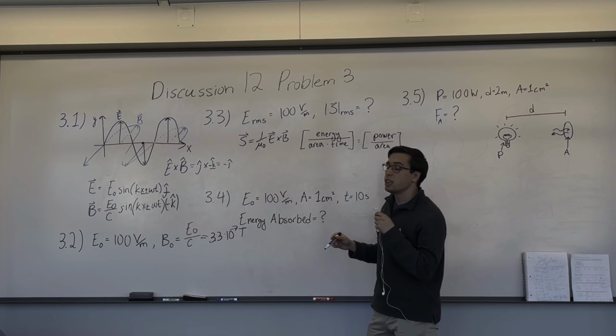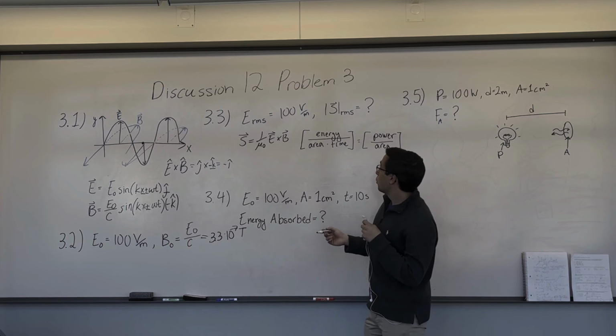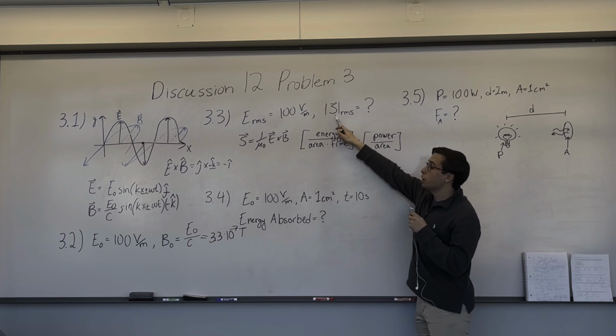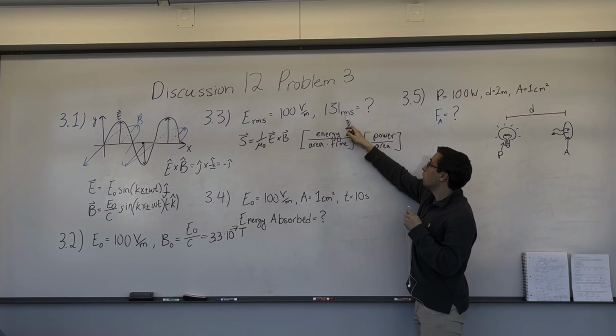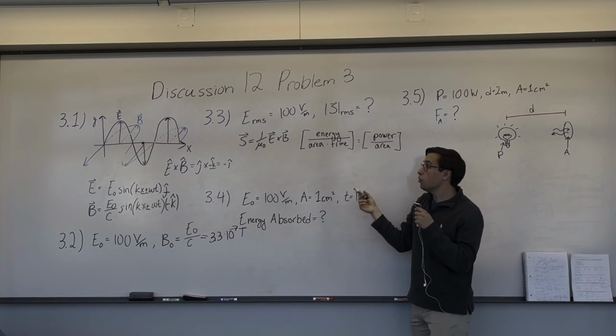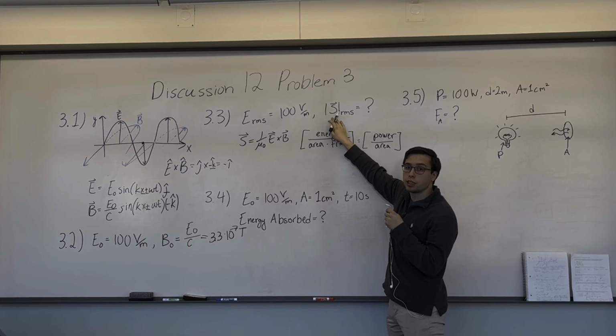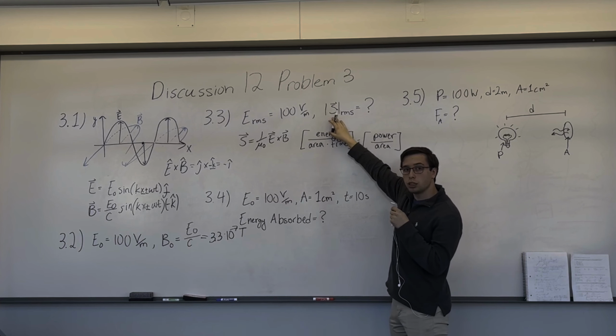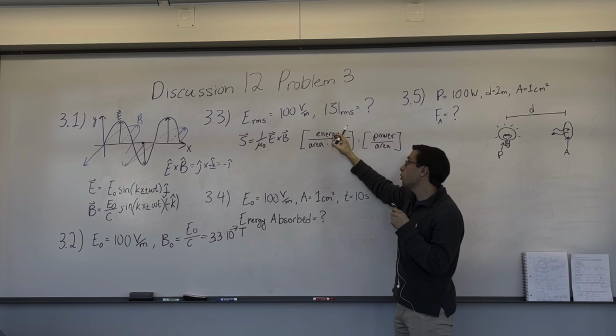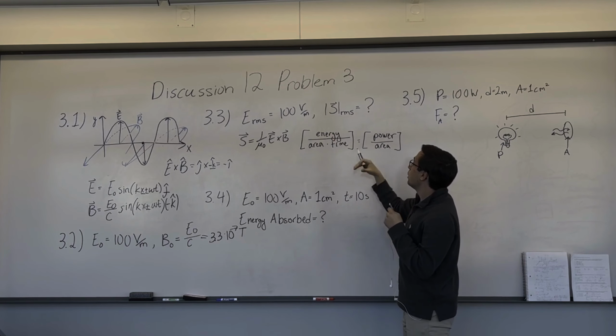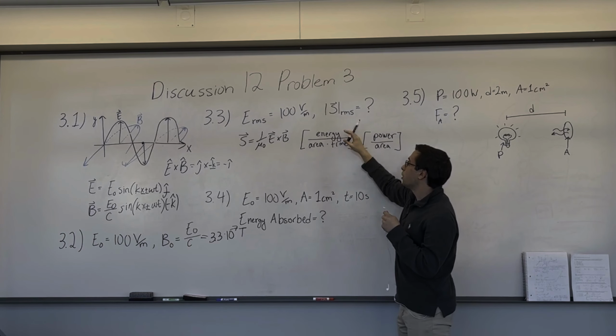We're interested in the average here. So that's why at the beginning of this problem, the way I denoted what we're looking for is actually the average magnitude of our S vector. We don't care about the direction here of where our energy is flowing. We just care about the magnitude of this intensity and the average of that.